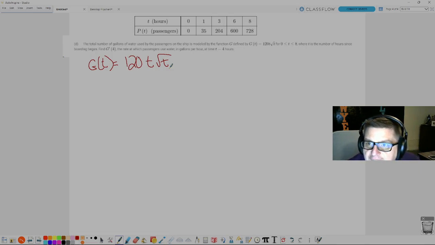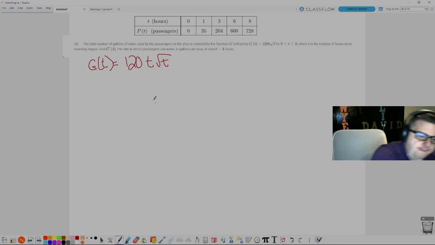For 0 to 8 hours, where t is the number of hours since boarding, find G prime of 4, the rate at which passengers use water in gallons per hour at t equals 4 hours.